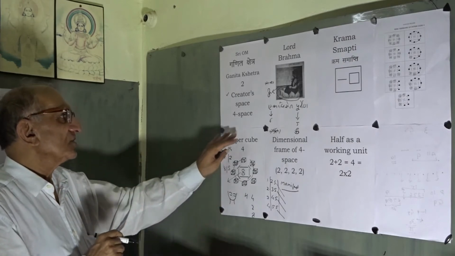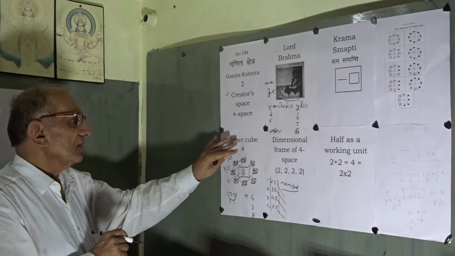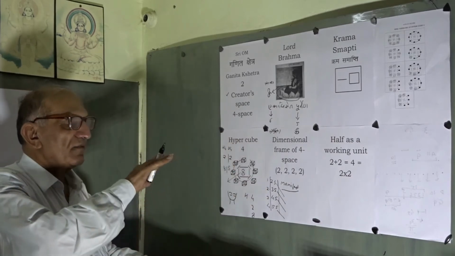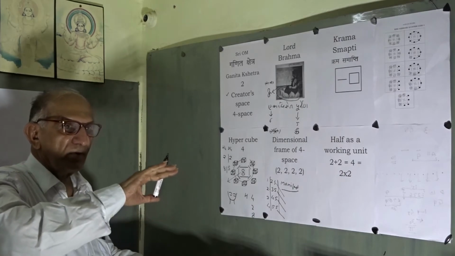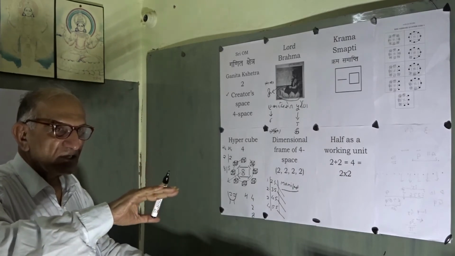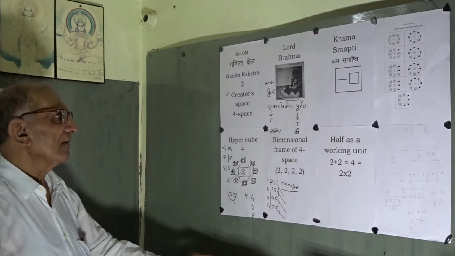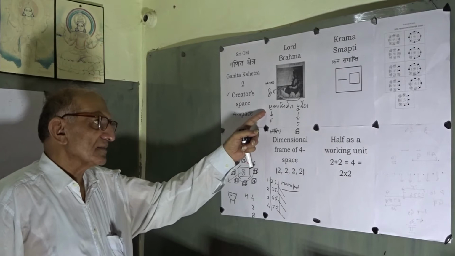So these features are the prominent features in terms of which we shall be having a chase, we will be having insight, we will be having enlightenment about the Vedic mathematical domain of the creator's space.